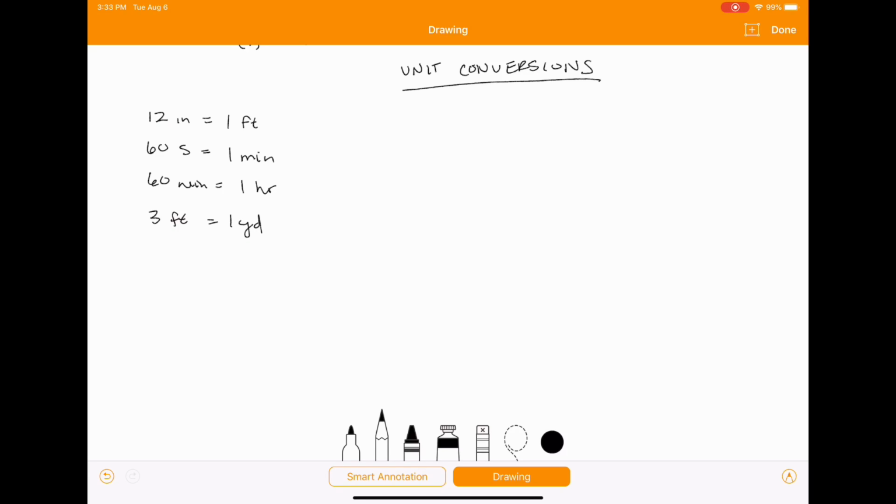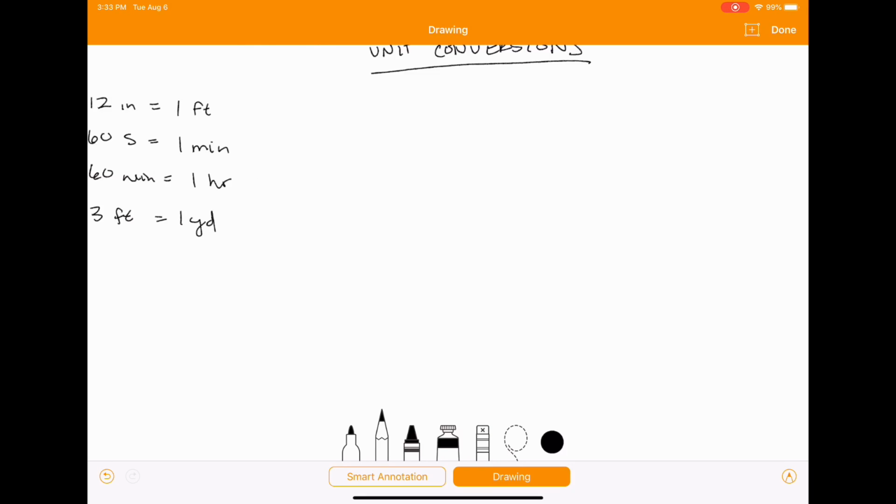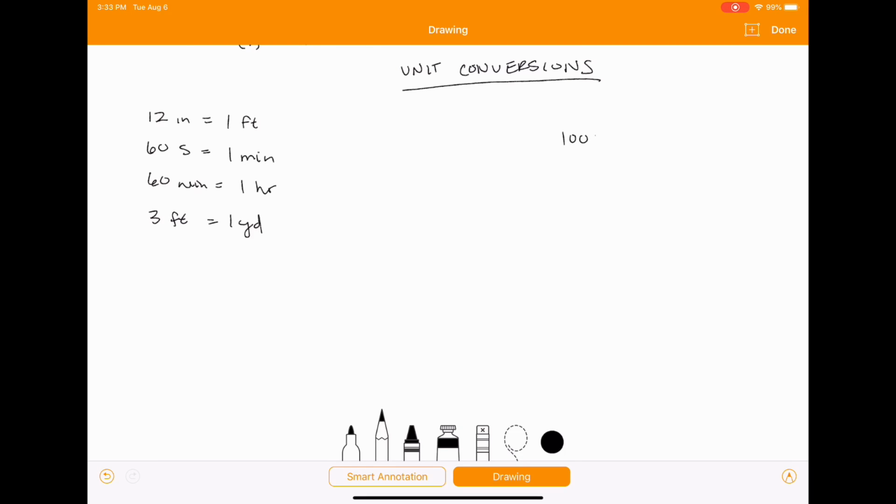And then if we're looking at the metric system, it's important to know that there's 1,000 meters in 1 kilometer, which is also 10 cubed meters in 1 kilometer, or there's 10 to the negative 2 meters in 1 centimeter.